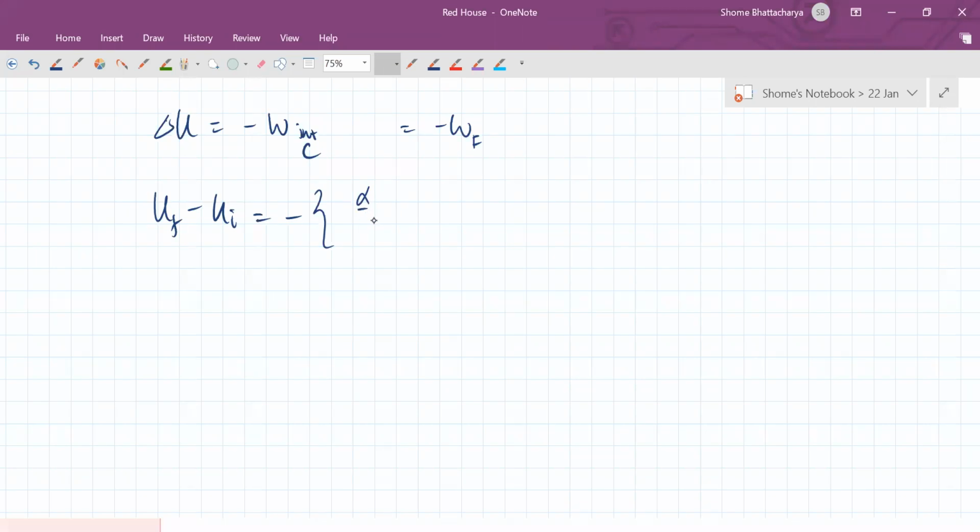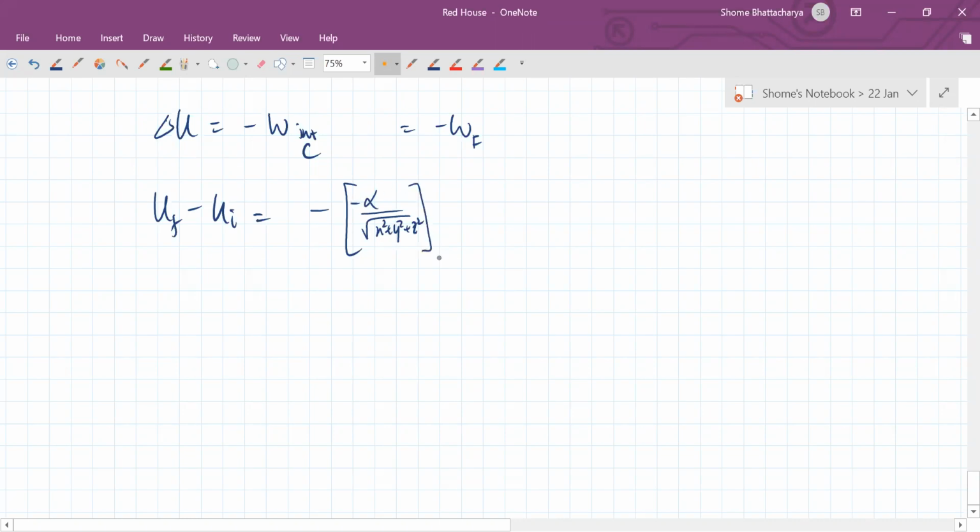It was alpha into that whole equation minus of alpha upon square root of x square plus y square plus z square. And there was another minus sign here going from initial to final. So that we can now write as alpha into 1 upon square root of final square minus initial. For any two general points, we can write an equation like this.